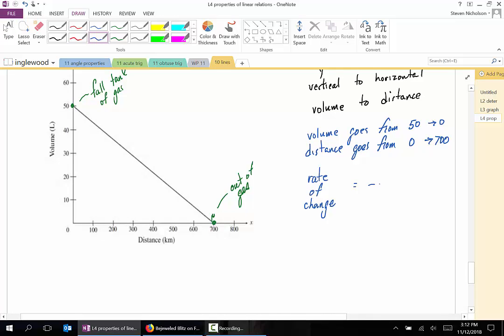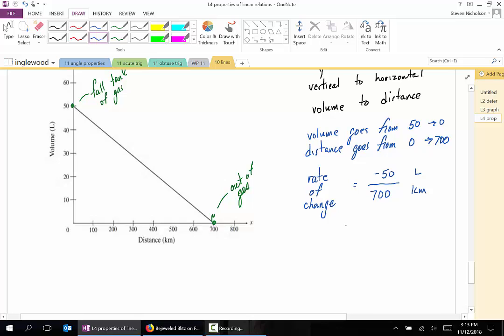The rate of change can be expressed as a fraction or a ratio, but we're going to try to express it as a fraction. So here's what happens from start to finish. We use 50 liters. So there's the negative, right? We started out with 50 and we went to 0. We've gone down by 50 as we drive that far. So this is our rate of change.